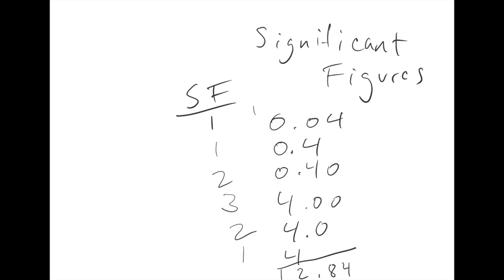For addition, we look at the number that has the least significant place, or the most significant place, I guess. This is the ones place. It doesn't have a tenth or a hundredth, just the ones place. That means any numbers to the right are not included, or should not be included as significant in my answer.